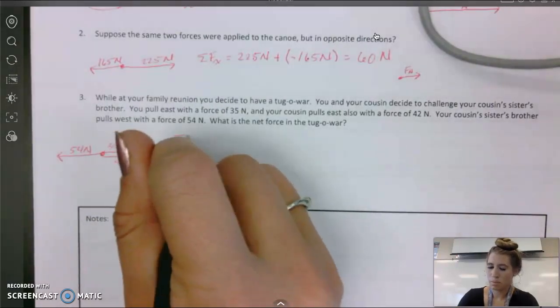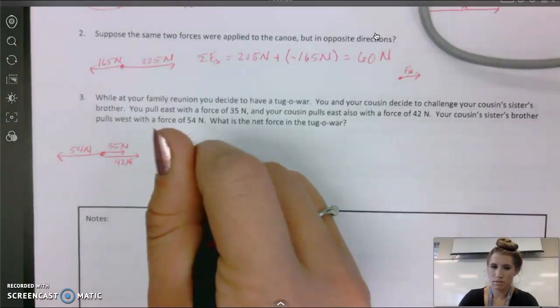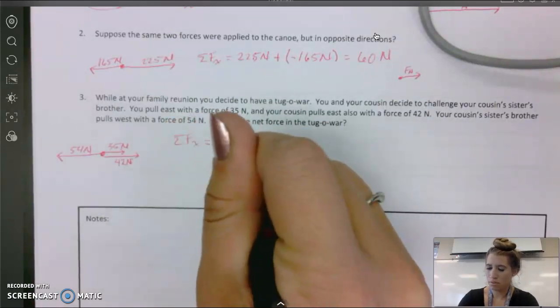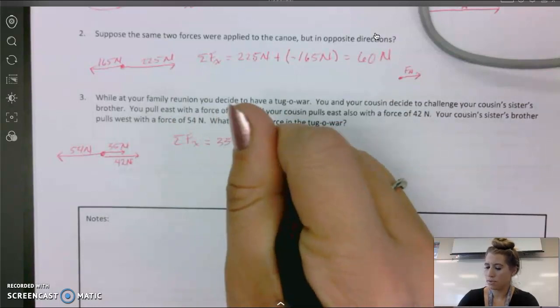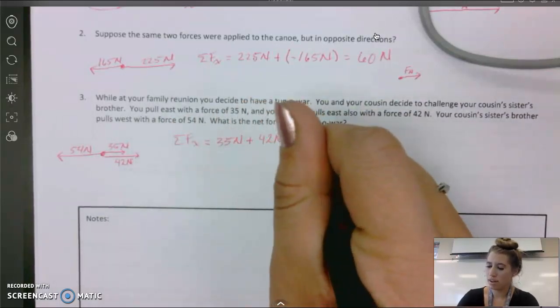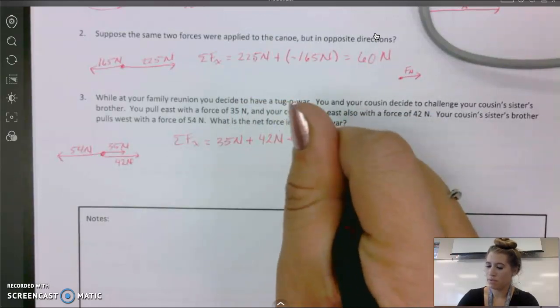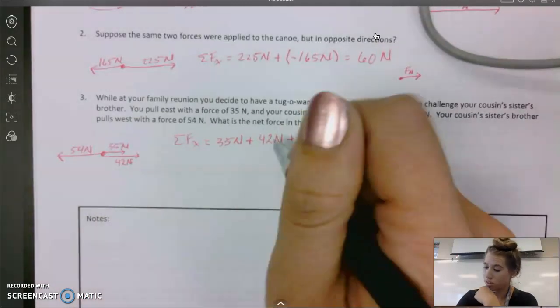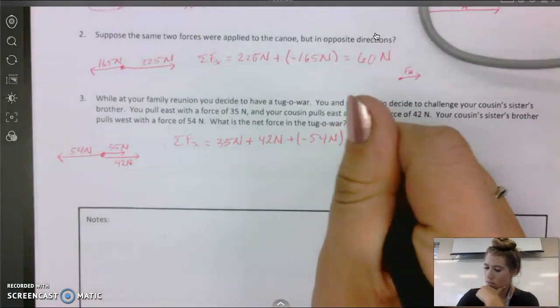Well, that would be the sum of the forces in the x direction, which would be a positive 35 newtons plus a positive 42 newtons, and then plus a negative 54 newtons because it's going in my negative x direction. Okay.